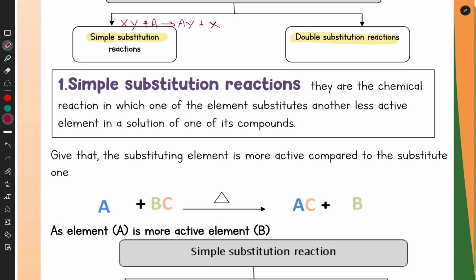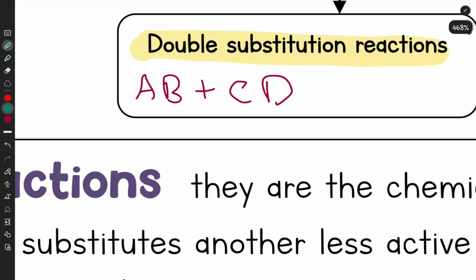Two substitutions, like if we have AB plus CD, both of them have two elements. So what will happen here? Let me zoom in, okay?